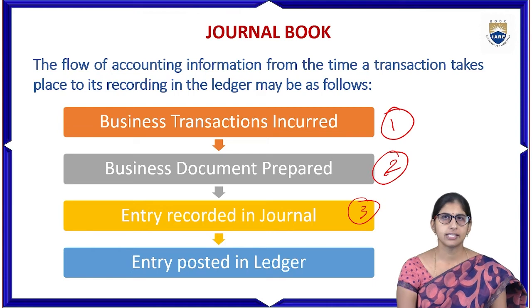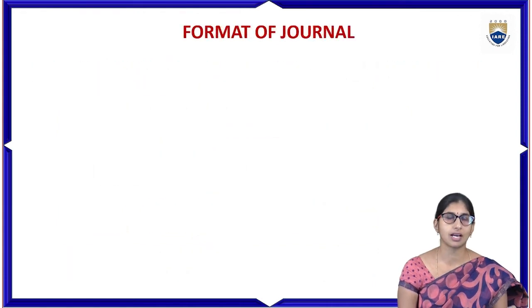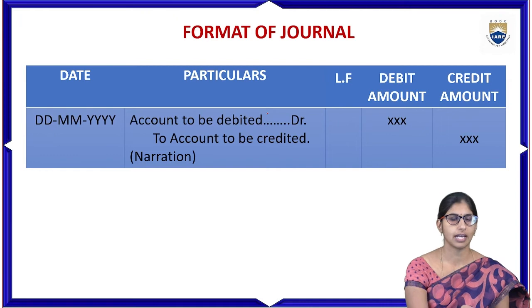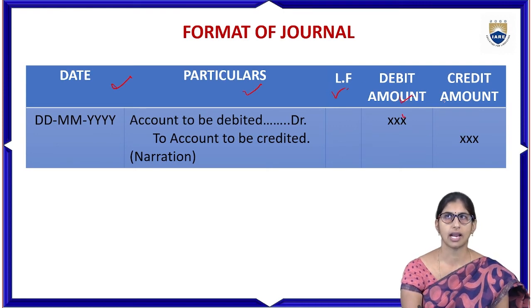Now let's move on to how the journal entry format looks. The format of a journal entry has five columns: date, particulars, LF, which is called ledger folio, debit amount, and credit amount.